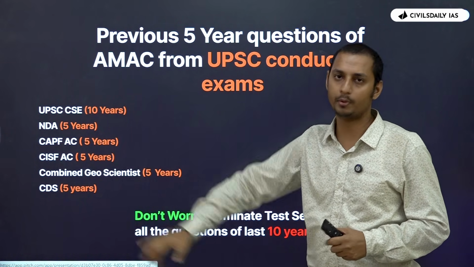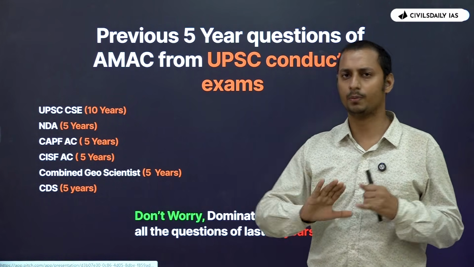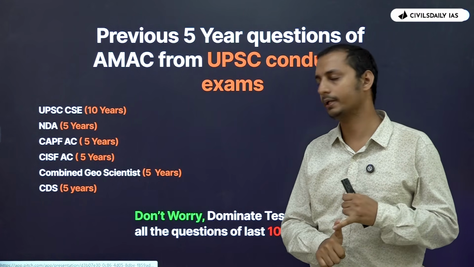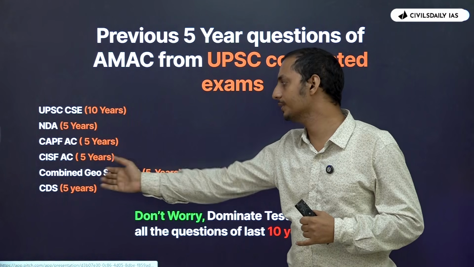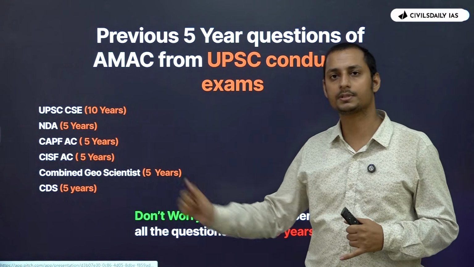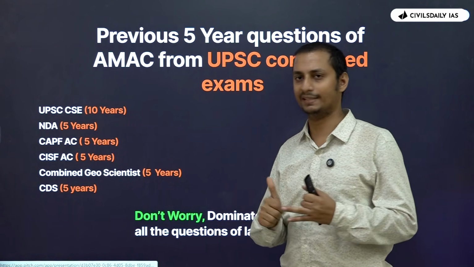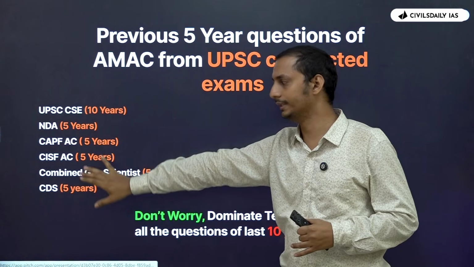I mean, it's not possible for you to go through all the questions of the last 10 years of all the examinations, okay? It's not possible, right? So the UPSC CSE, last 10 years we will definitely be doing. Last year also we did the same. And NDA, CAPF, CDS, combined geoscientist. These are the exams conducted by UPSC which are general in nature, not the combined medical examination, not the Indian Statistical Service examination and everything. General studies, mostly they focus on these papers.